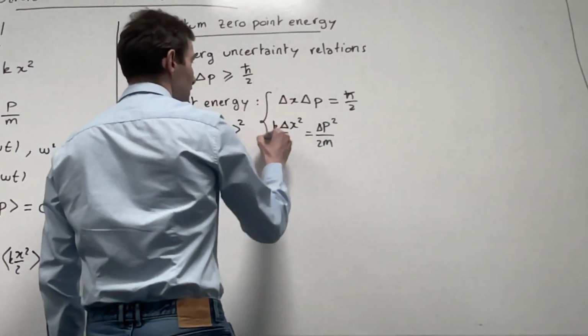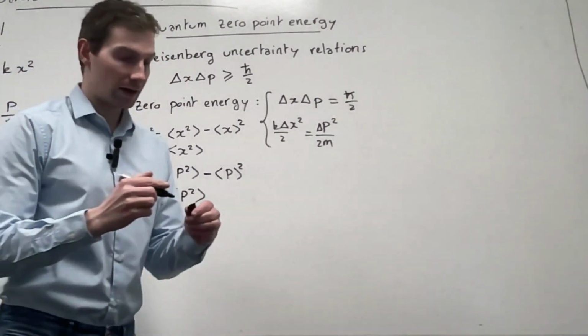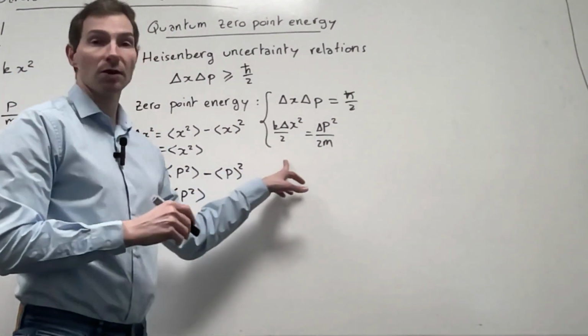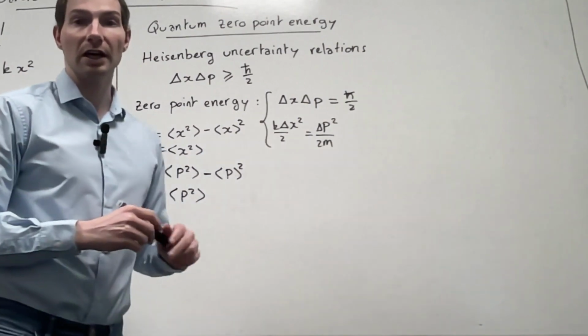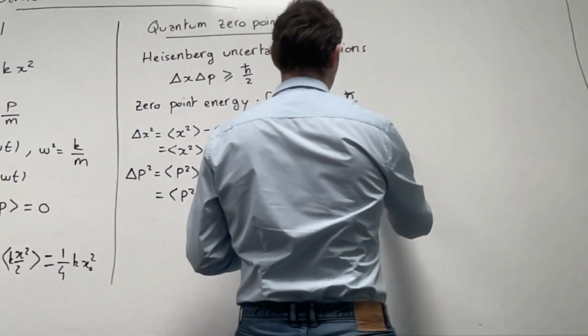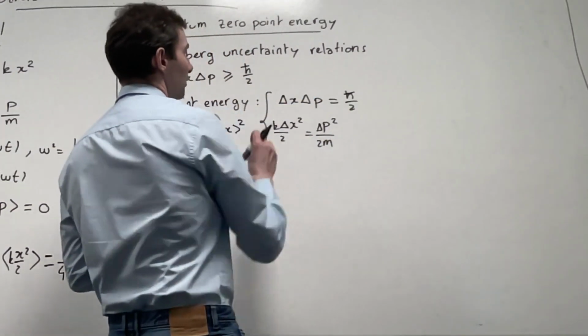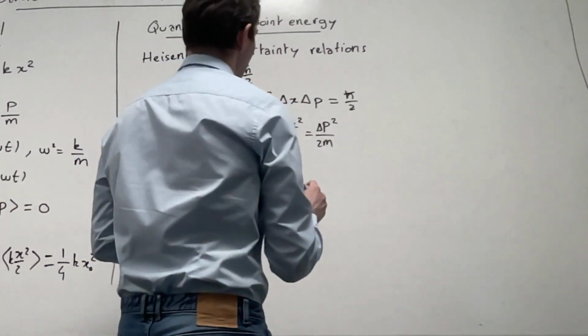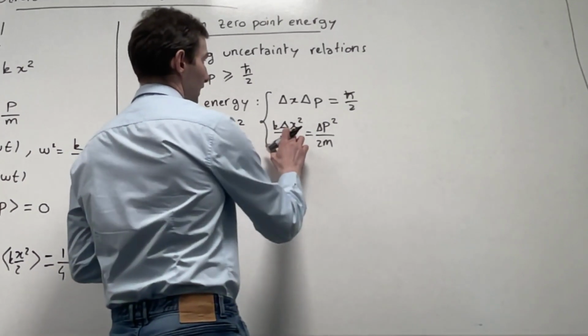And so now you've got a set of equations, and you can simply try to solve these particular equations here. So let's see what we get out of this. For example, I can substitute that delta x here.